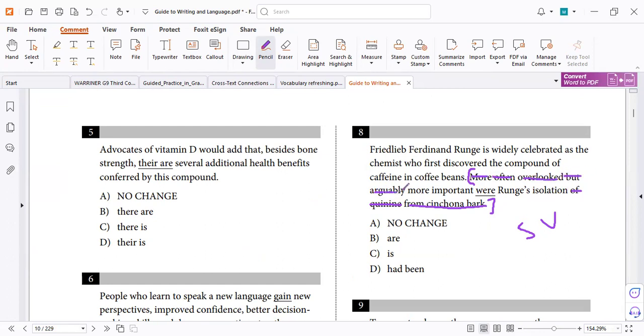Conjunction, adverb. See? Adjective, adjective. Good job. What is left? Isolation. So we are talking about the isolation of Dr. Ranger. It's isolation, an abstract noun. It must be singular. Only letter C. Because this is plural, as you know. Why not had been?